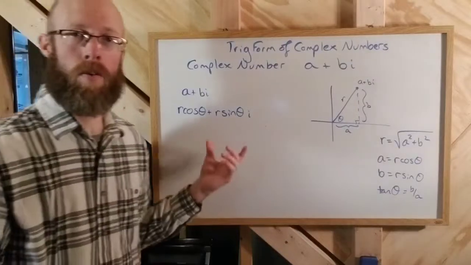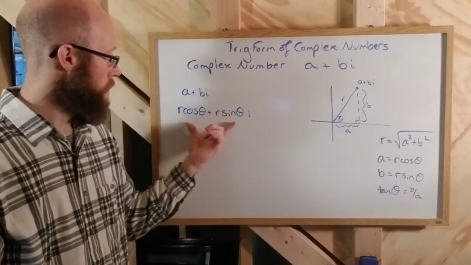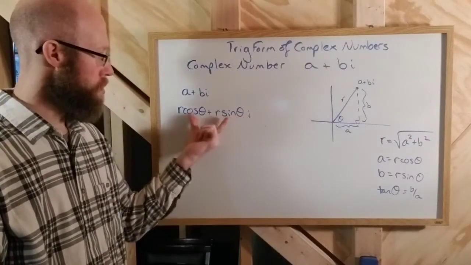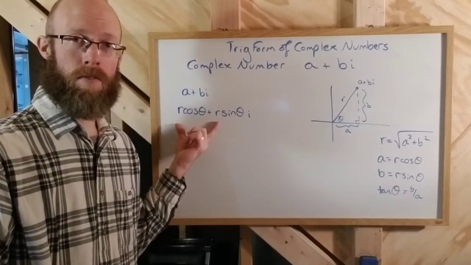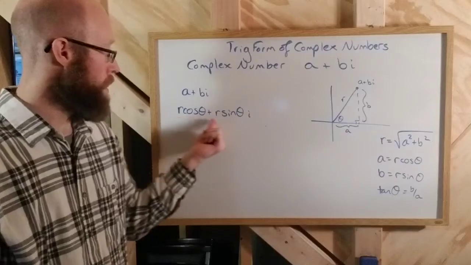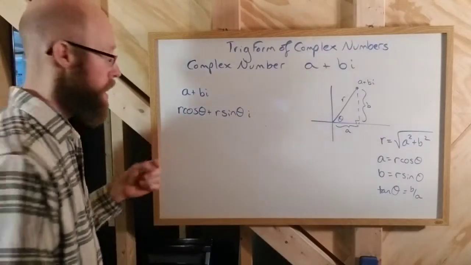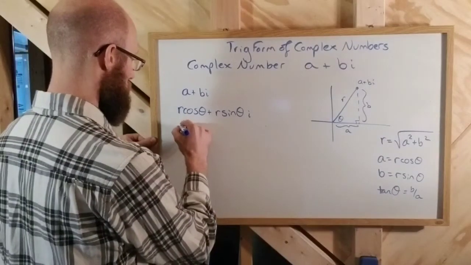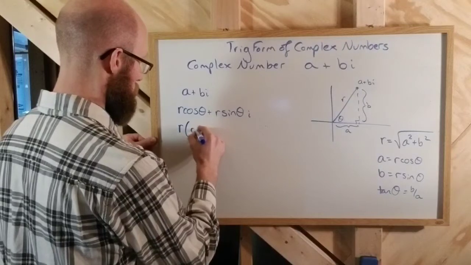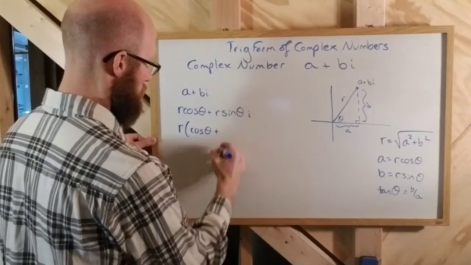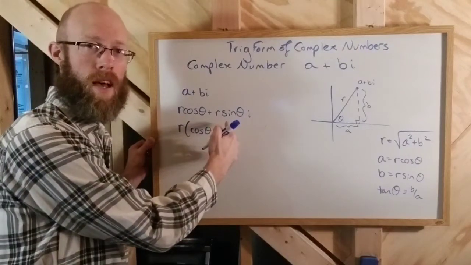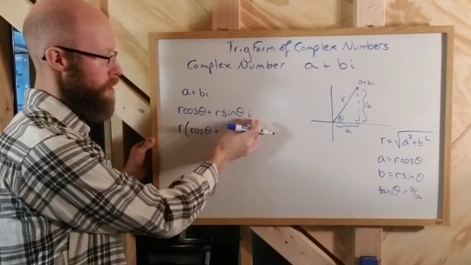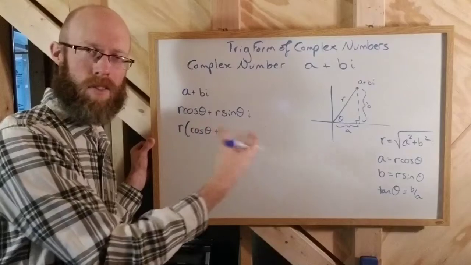Okay. Well, if you look at this, it's two terms now that have trig functions in them. We often factor the r out. There's a common r to both of these terms, and if we factor out the r, you get r times the cosine of theta plus, and now I'm going to write this so that the i comes before the sine, because it's a little bit weird to have the i following the sine, it looks like it's in the angle.